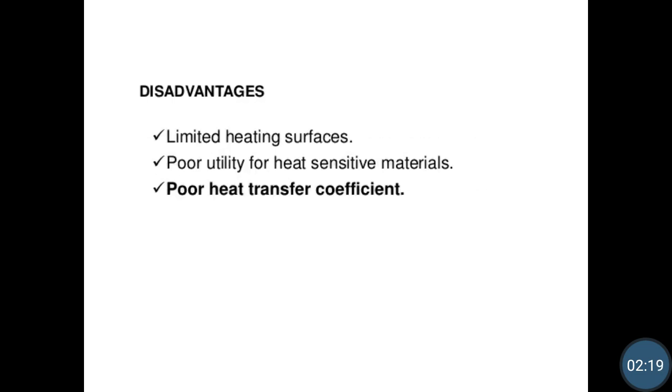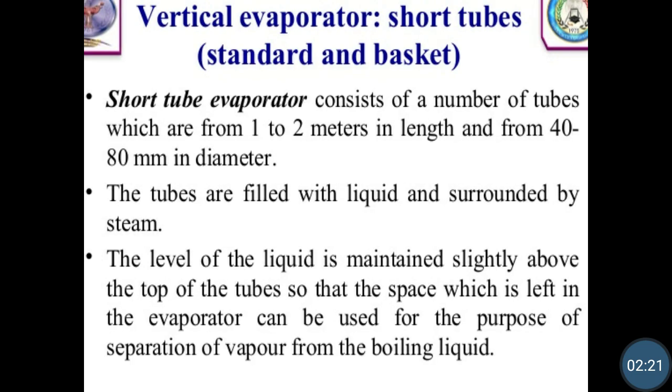Now we will study the third type of natural circulation evaporator, the short tube evaporator. There are two types of short tube evaporators depending on the position of tubes: vertical short tube evaporators and horizontal short tube evaporators.